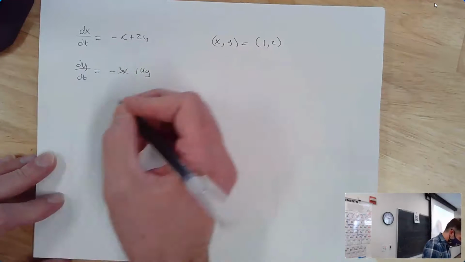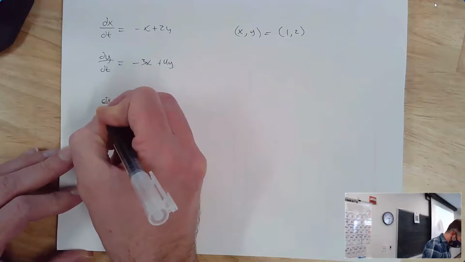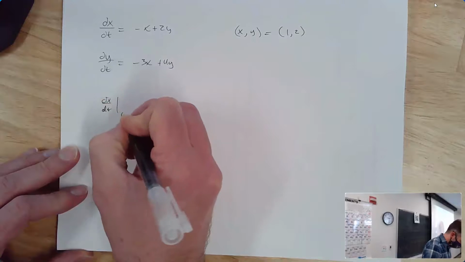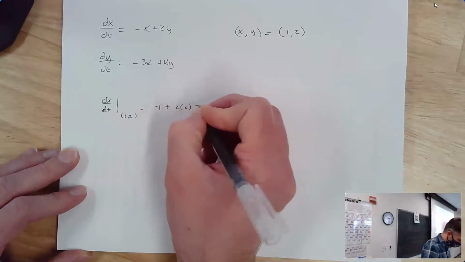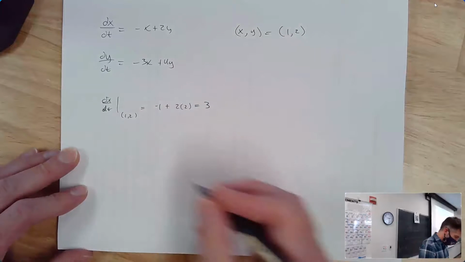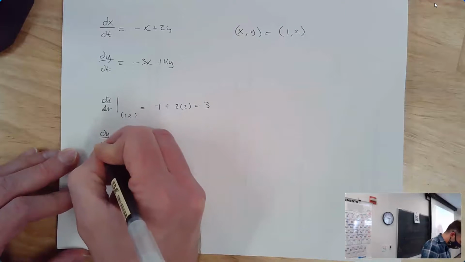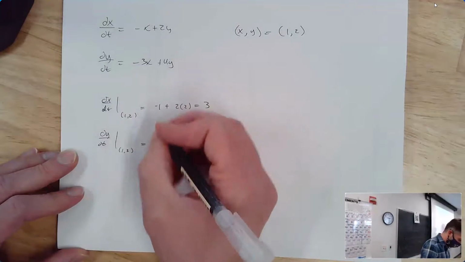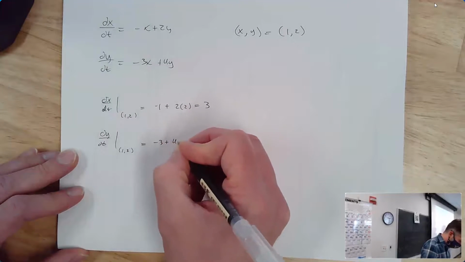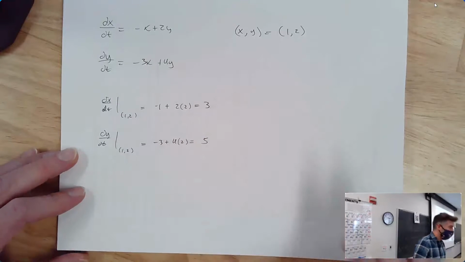Well, we get dx/dt at 1, 2 is equal to negative 1 plus 2 times 2, which is 3. And dy/dt evaluated at 1, 2 is negative 3 plus 4 times 2, which is 5.